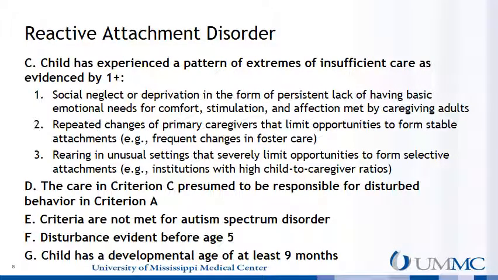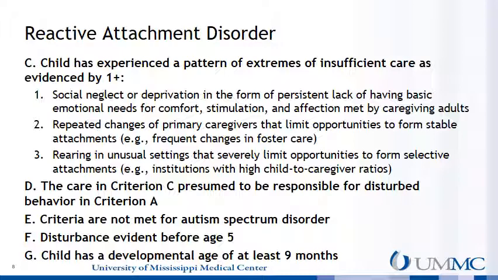In addition, the child has experienced a pattern of extremes of insufficient care, as evidenced by one or more of the following: social neglect or deprivation in the form of persistent lack of having basic emotional needs for comfort, stimulation, and affection met by caregiving adults, or repeated changes of primary caregivers that limit opportunities to form stable attachments, for example, frequent changes in foster care, or rearing in unusual settings that severely limit opportunities to form selective attachments, for example, children who are raised in institutions with high child-to-caregiver ratios.